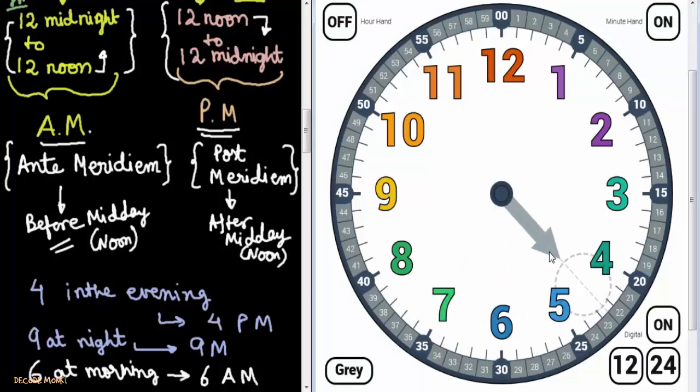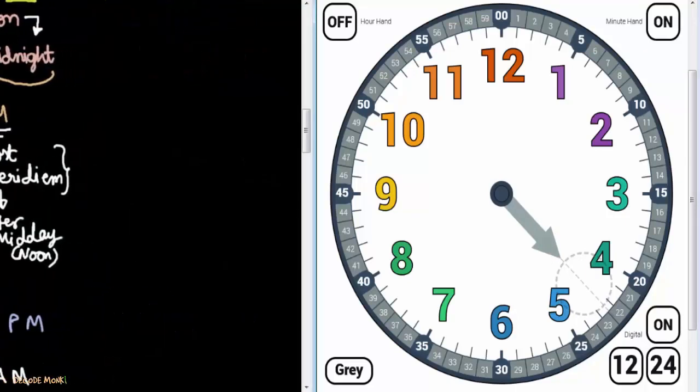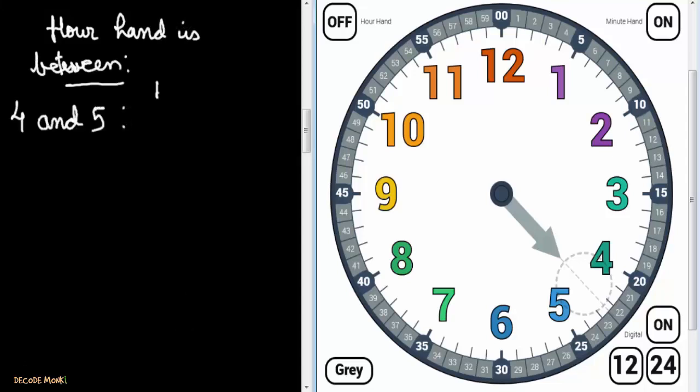What if I ask you, if the hour hand is between 4 and 5, what should be the hour? The hour should still be 4.